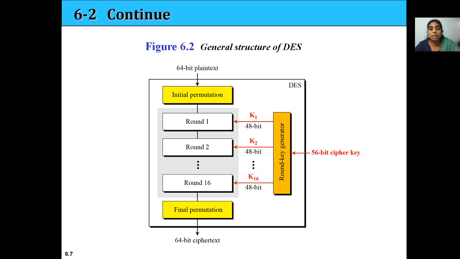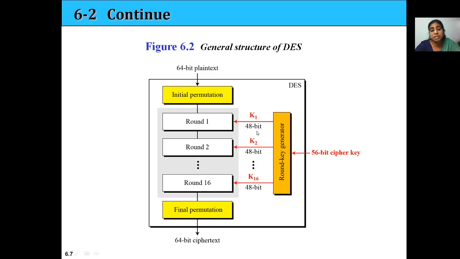The outcome from the initial permutation is given to round 1. In this round 1 function, we have the expansion function, S-boxes and so on, and we XOR with the 48-bit key.